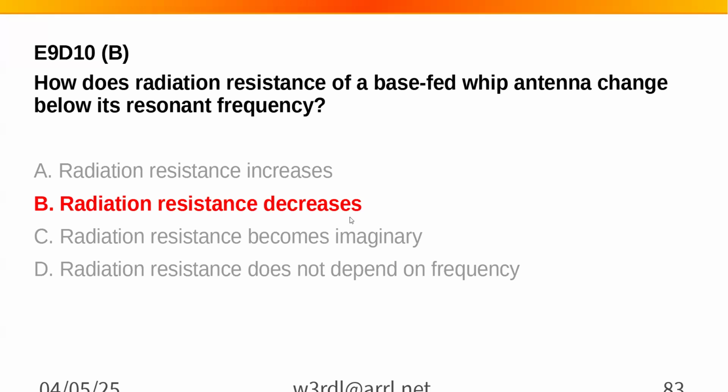It decreases the shorter it gets relative to the frequency, because it's becoming more and more capacitive. If it's longer than your operating frequency, it becomes inductive.